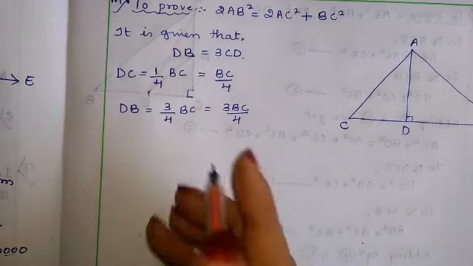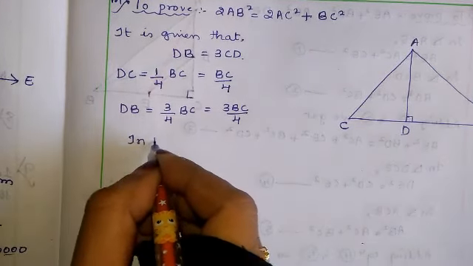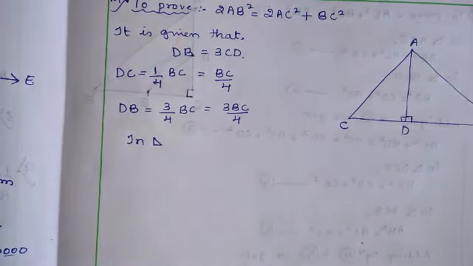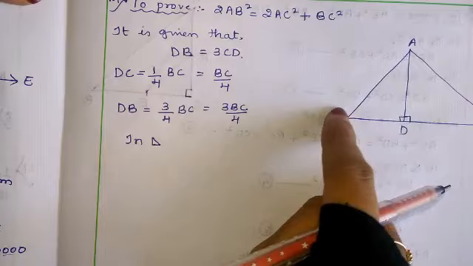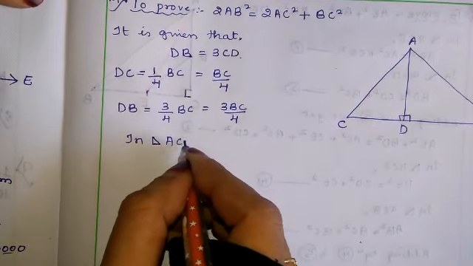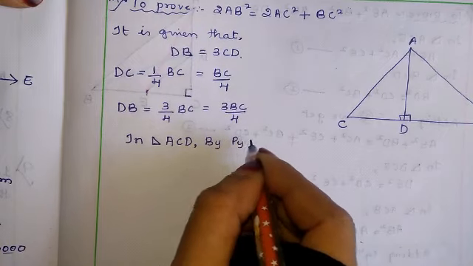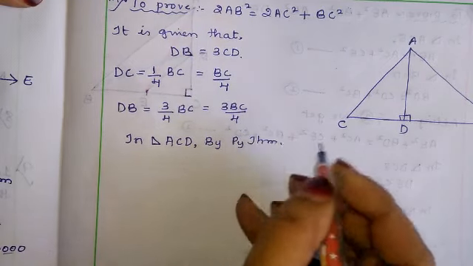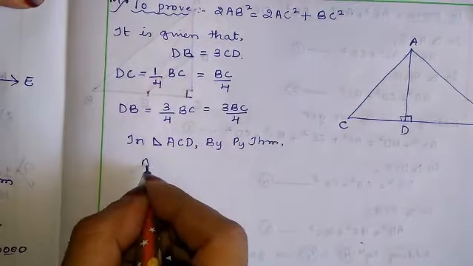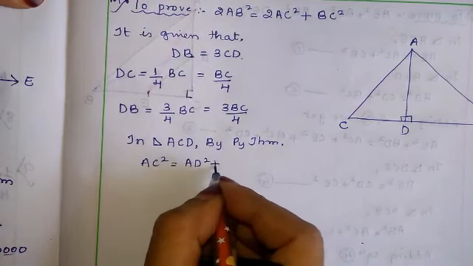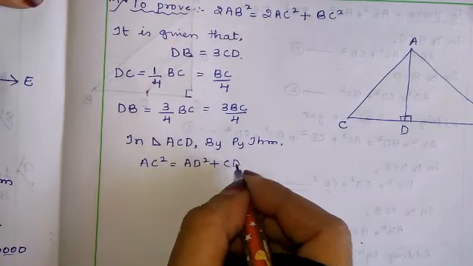Let us take triangles. In the triangle, we know that this is 90 degrees. So in triangle ACD, by Pythagoras theorem, AC square is equal to AD square plus CD square.